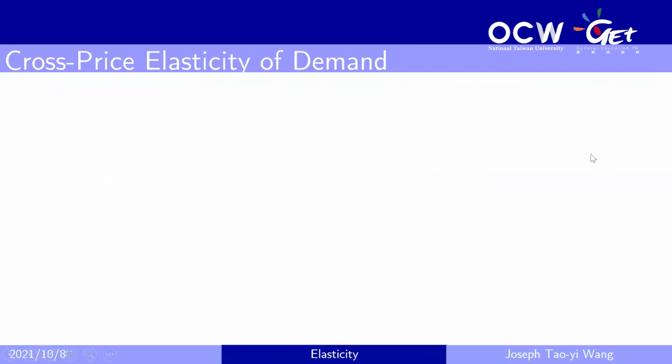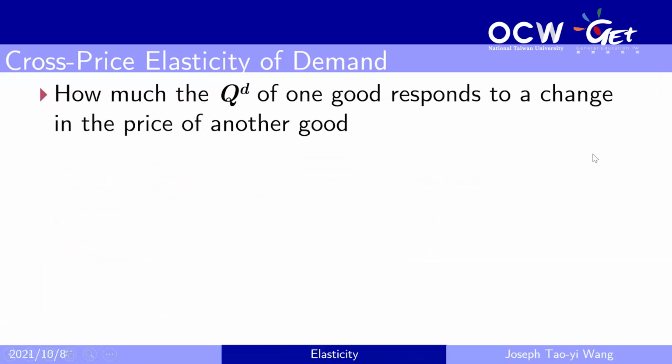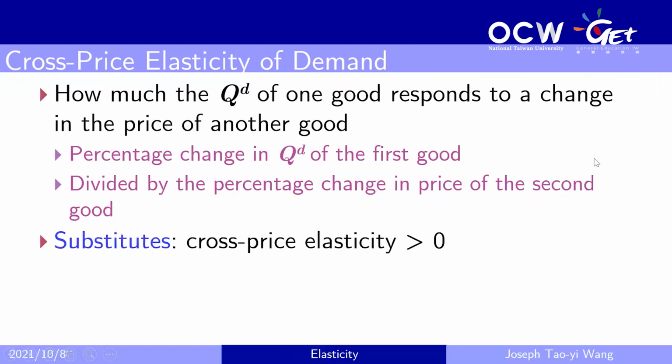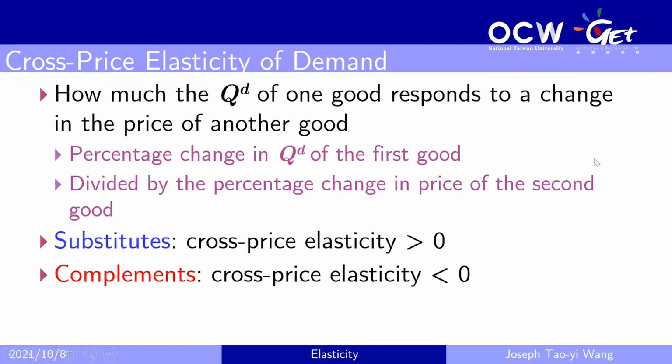Similarly, you can talk about cross-price elasticity of demand. This is how much quantity demanded responds to the change in the price of another good. It's the percentage change in quantity demanded of this good divided by the percentage change in the price of another good. And we talked about substitutes and complements in chapter 4.